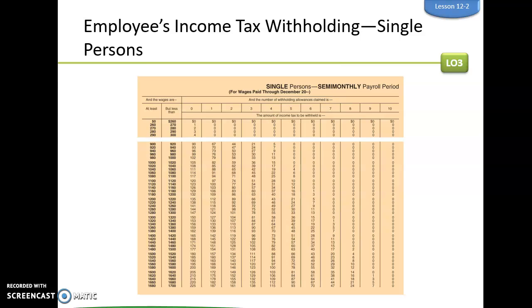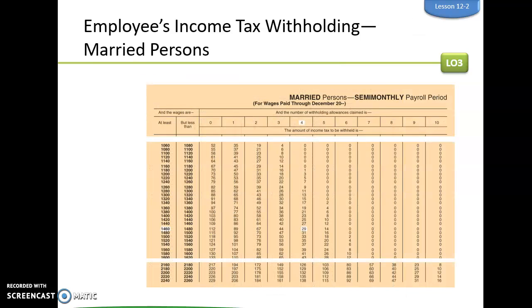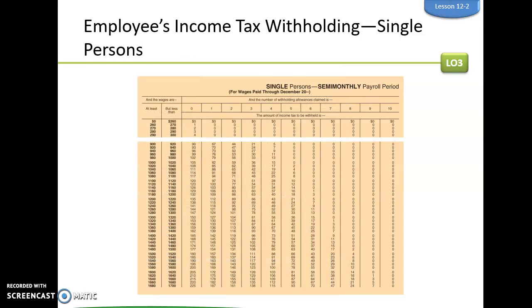So this is the employee's income tax withholding for single persons. So we're going to figure out how much money is going to be taken out for tax. You would look.